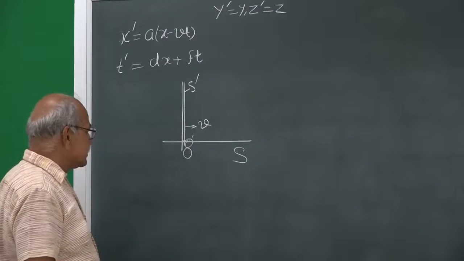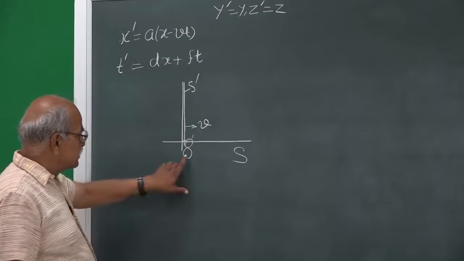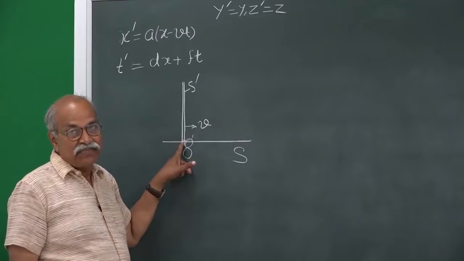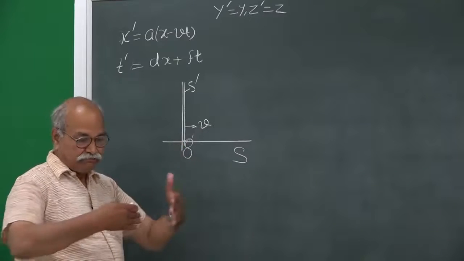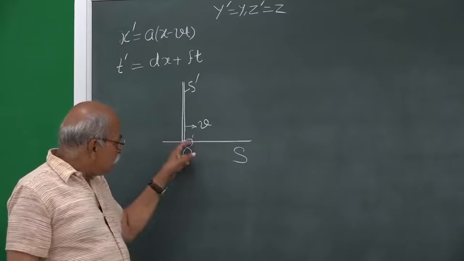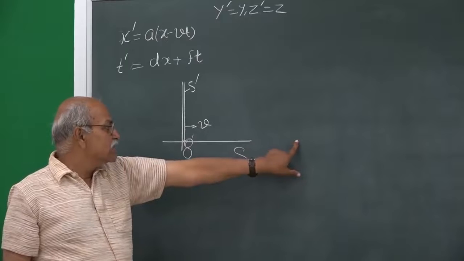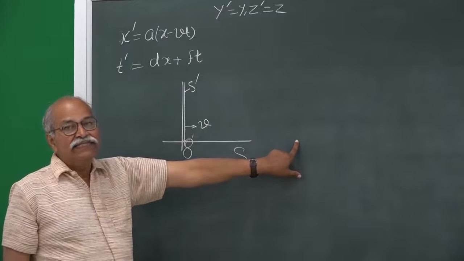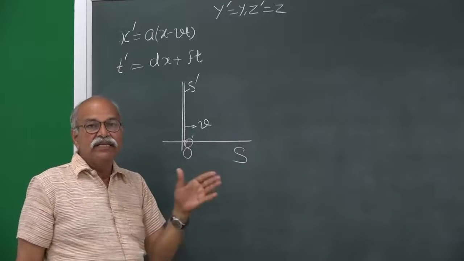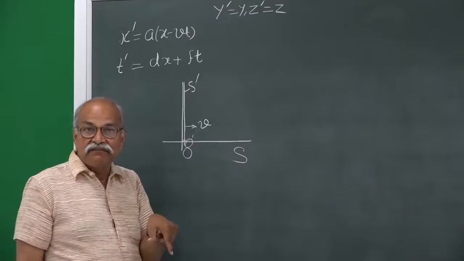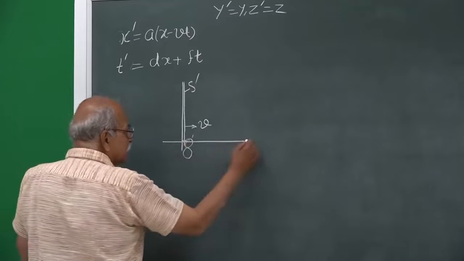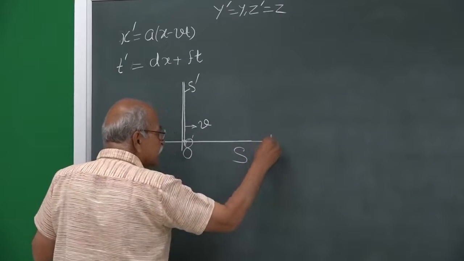So, the first event is that as seen from S, time t has elapsed and the leading edge of the pulse on the x axis has reached the point x is equal to c t, because electromagnetic radiation or light moves in all frames with a speed c. So, this light which is emitted has reached somewhere here.